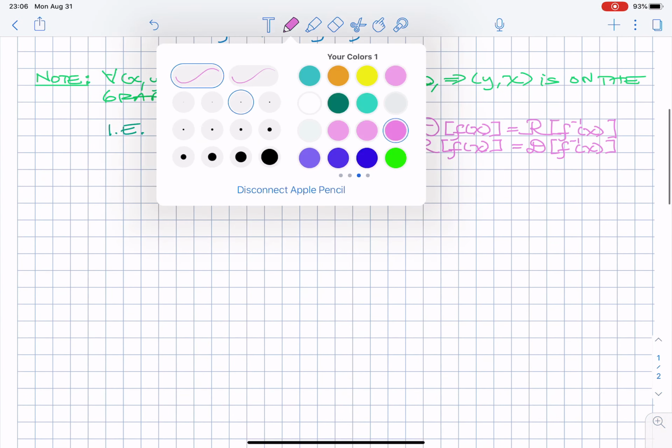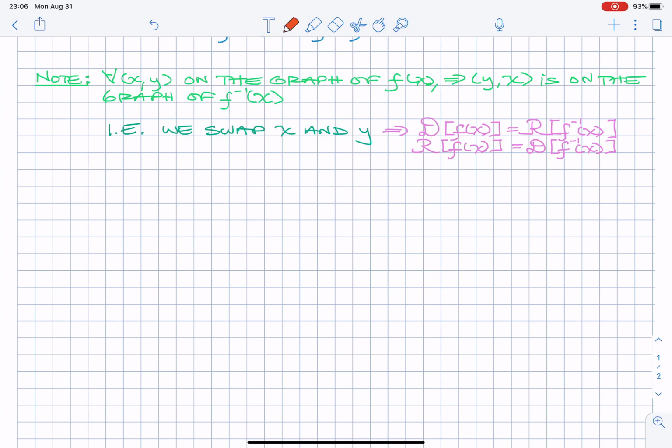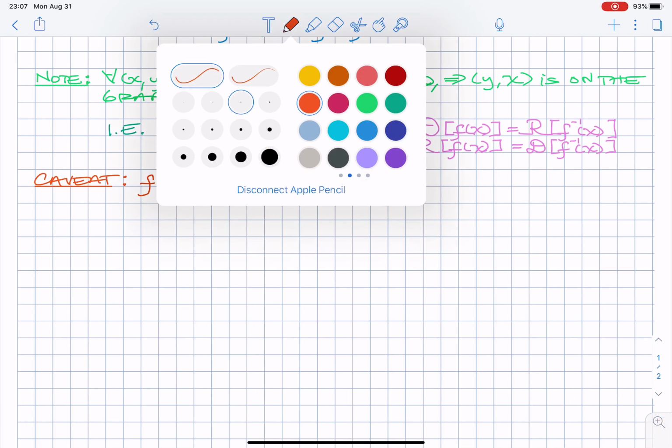Okay, so there's a caveat, a warning, beware. f inverse of x is not the same as a reciprocal. Because it's a function, not a variable, this is not 1 over f of x.